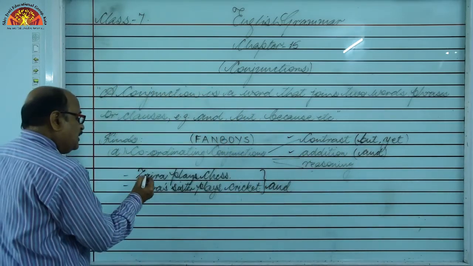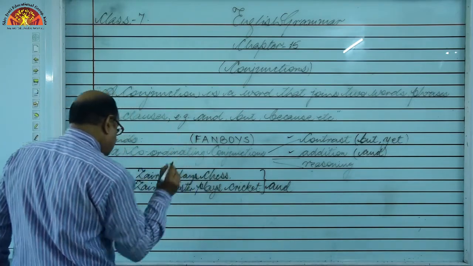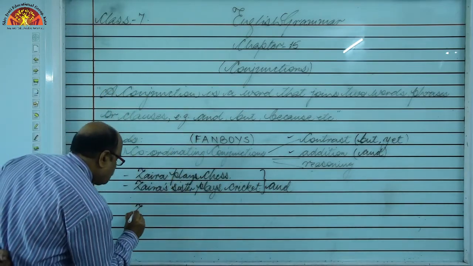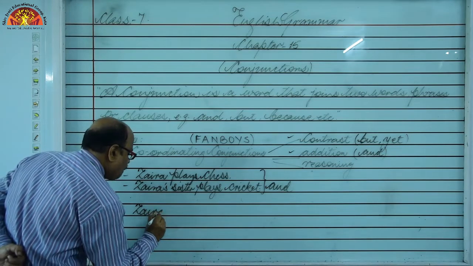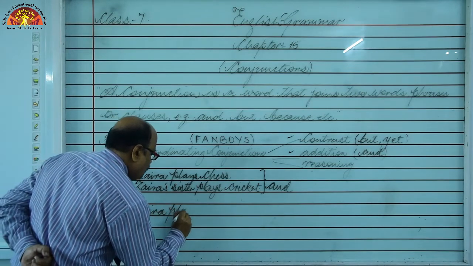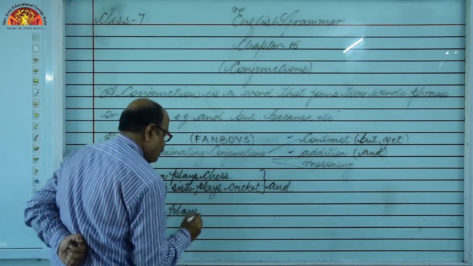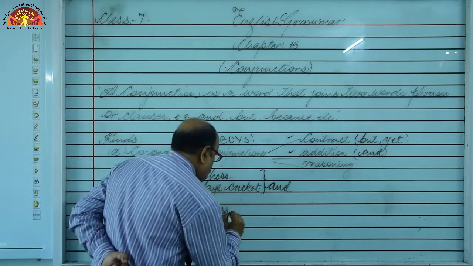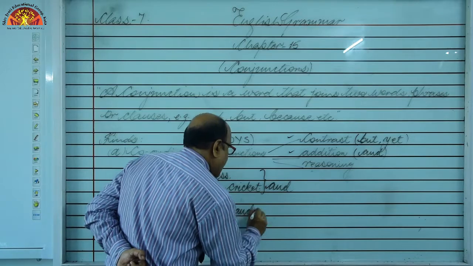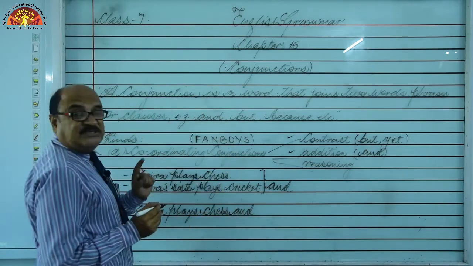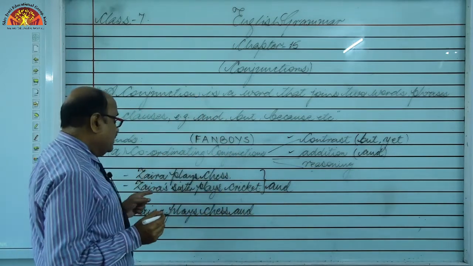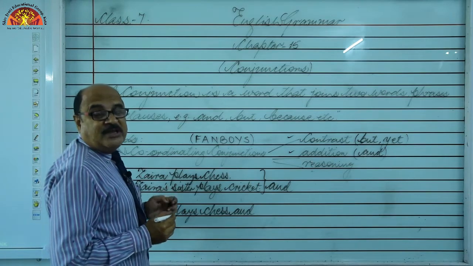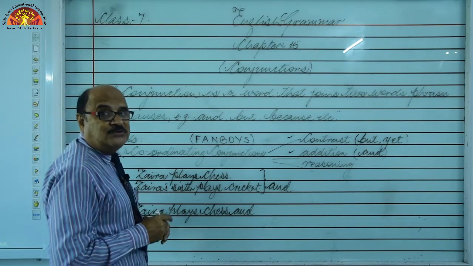So, what to say? Zaira plays chess and... Now, Zaira's sister we will not repeat because it is a noun. To avoid the repetition of a noun, what to use?